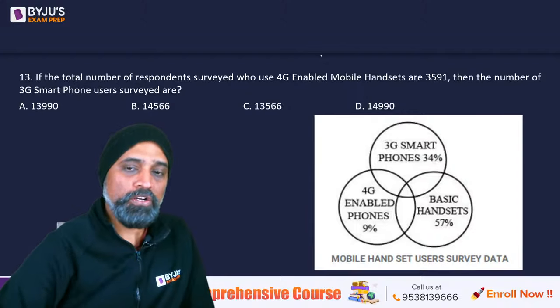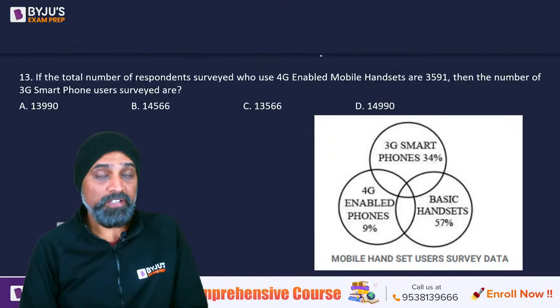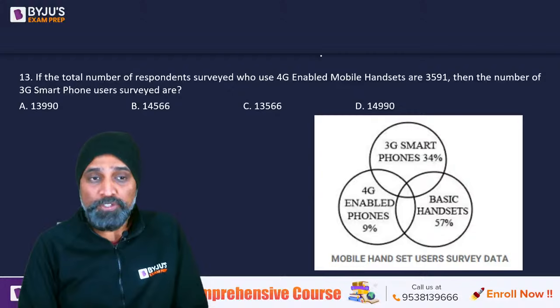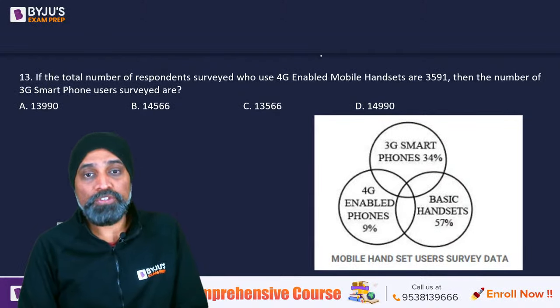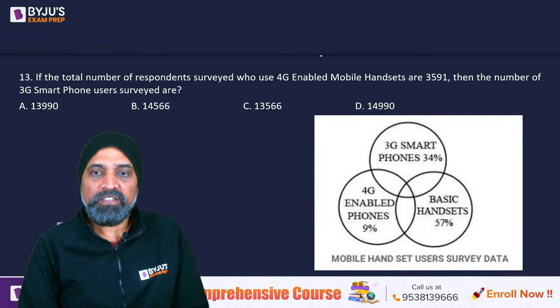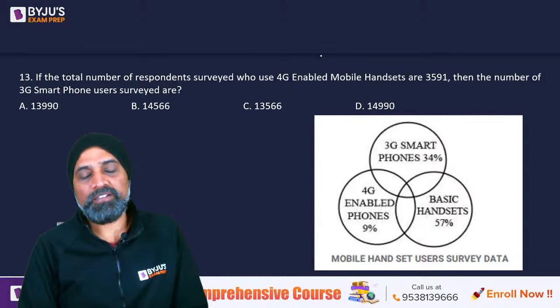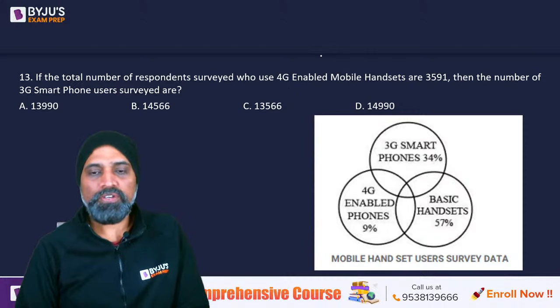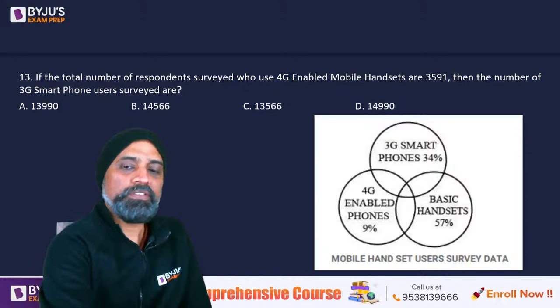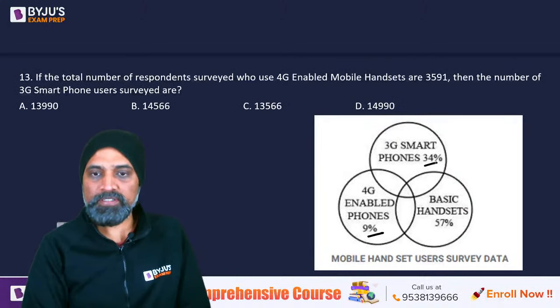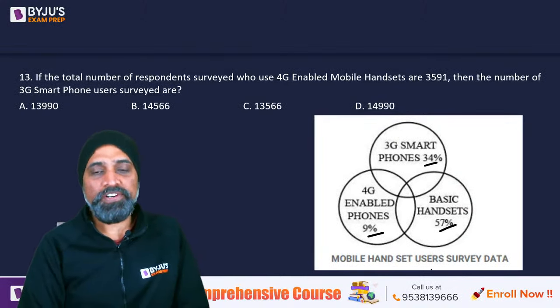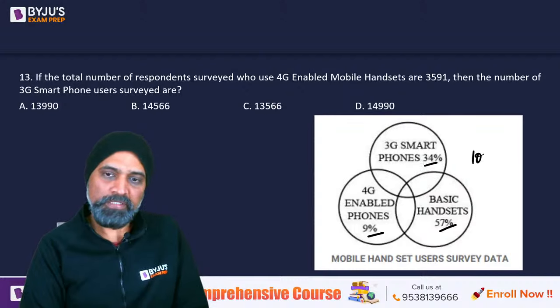Okay, looks like a standard question on set theory. If the total number of respondents surveyed who use 4G enabled mobile handsets were 3591, then the number of 3G smartphone users surveyed are. So if you add these percentages, you will realize that this is nothing but 100%.